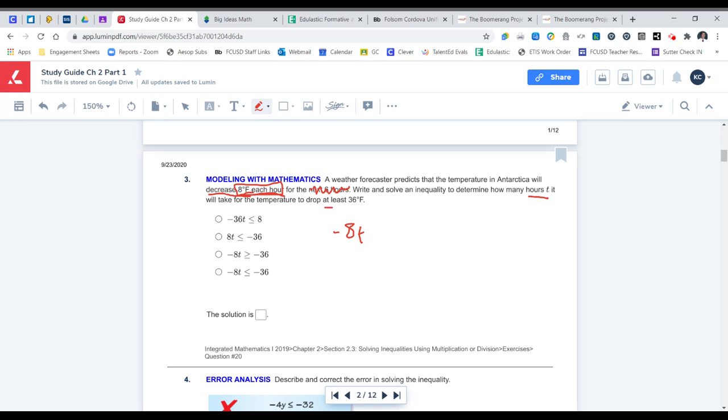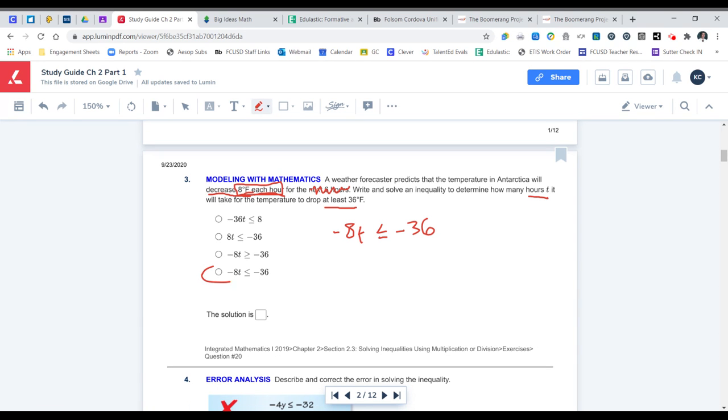Now we want it to drop at least 36 degrees, which means we want it to go lower than dropping 36 degrees. And I've messed this problem up a bit because I originally did a greater than symbol. It's tricky because we want it to drop more than or equal to the 36 degrees, so dropping minus 36.